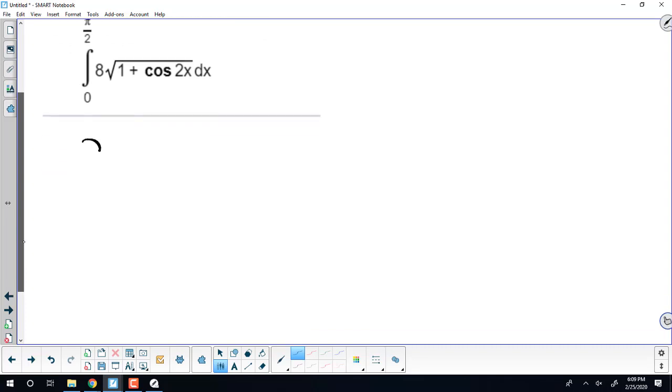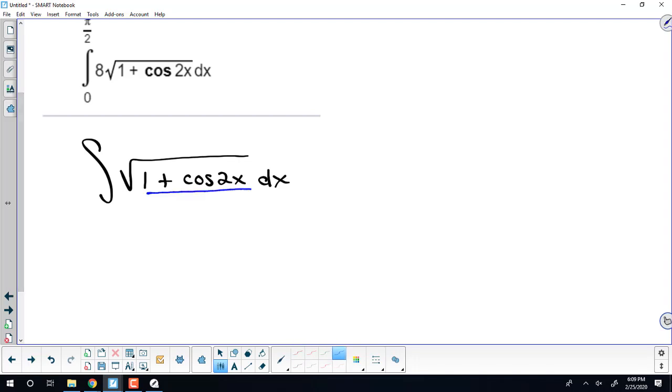Okay, so I'm just going to look at this. It just occurred to me that you could rewrite it using the half. That's what I initially thought of when I saw this: 1 plus cosine 2x. It looks a lot like what we get when we rewrite the integral when we're integrating cosine or sine squared, right?